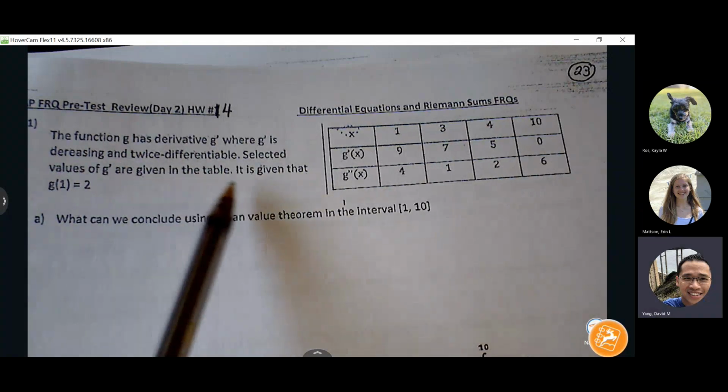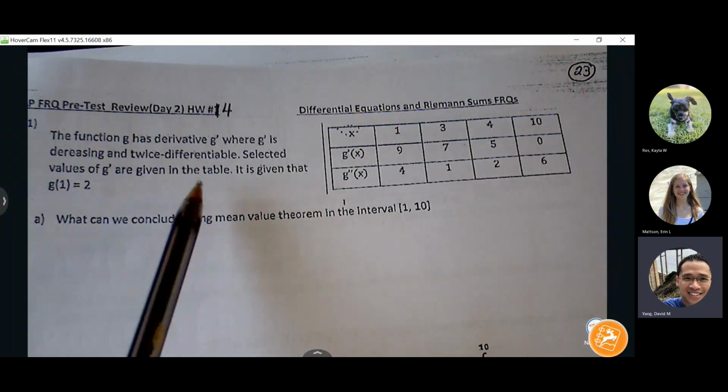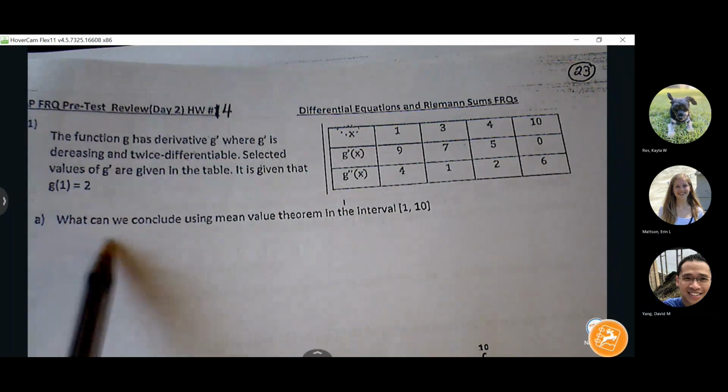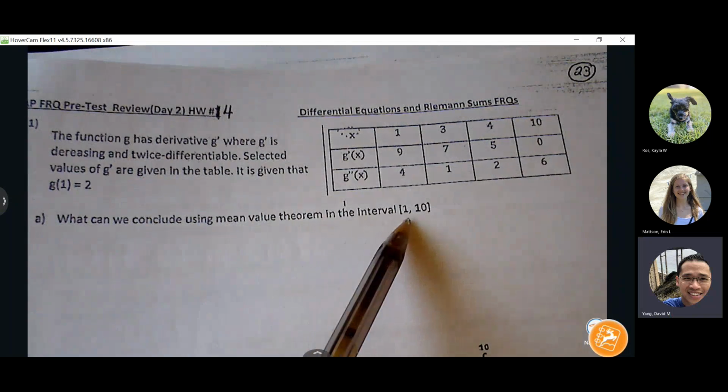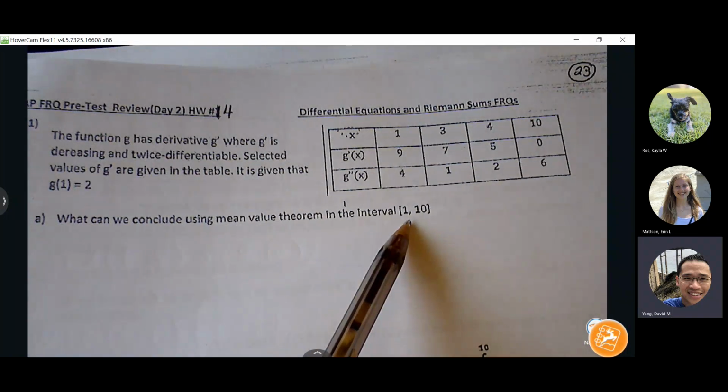Selected values of g prime are given in the table. It's given that g of 1 is equal to 2. What can we conclude using mean value theorem in the interval from 1 to 10?